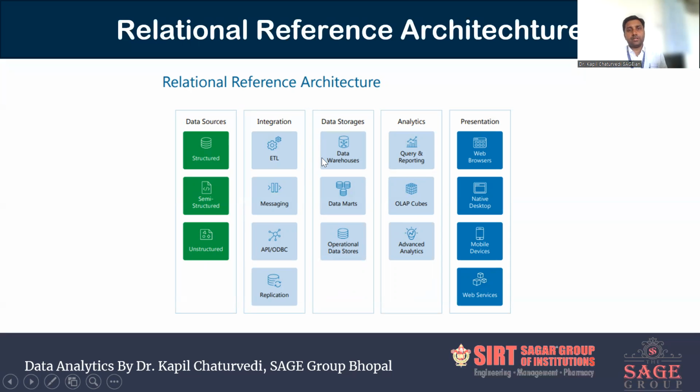We integrate the data by performing the ETL process. ETL stands for extract, transform, and load. So we perform the extract, transform, load operation. We perform many kinds of messaging. We have some APIs, ODBC operations, and replications also. So we integrate the data by applying these kinds of approaches.